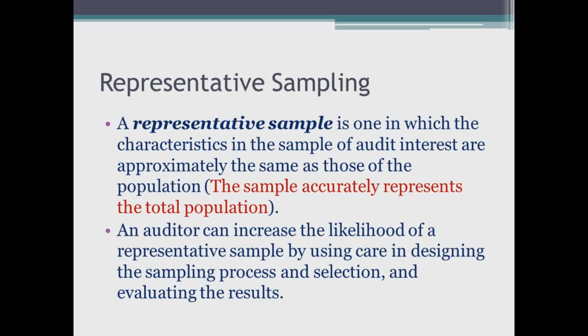Right? If you don't have all of the sales or shipping documents in your population, then you can't make a conclusion based on your test. So the auditor has to make sure that it's a representative sample. The way that an auditor does that is to exercise due care when planning their sample selection procedures.